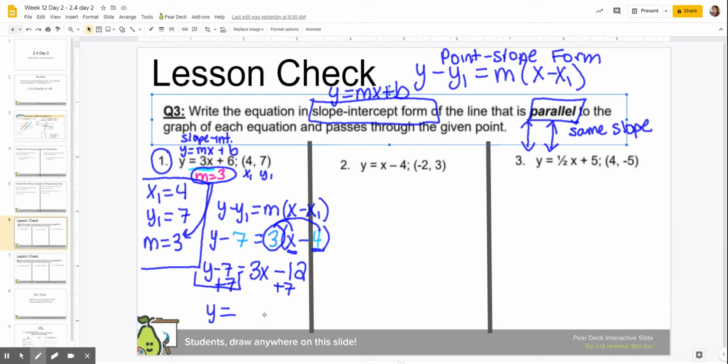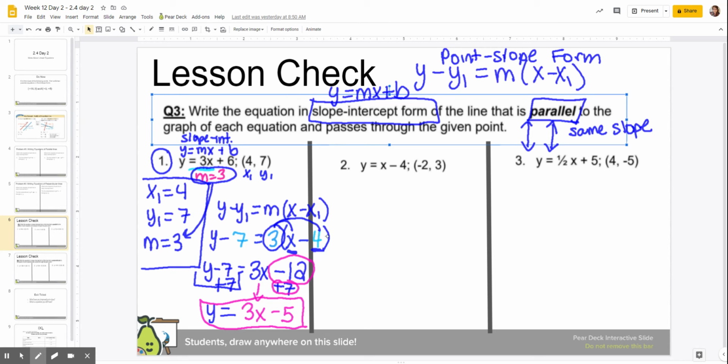When you add 7 to both sides of the equation, you're only going to combine it with our like term. And our like term is -12 and positive 7. So we have y equals 3x. I just carry that down. And -12 plus 7 is -5. And then that is our parallel line, our parallel equation in slope-intercept form.